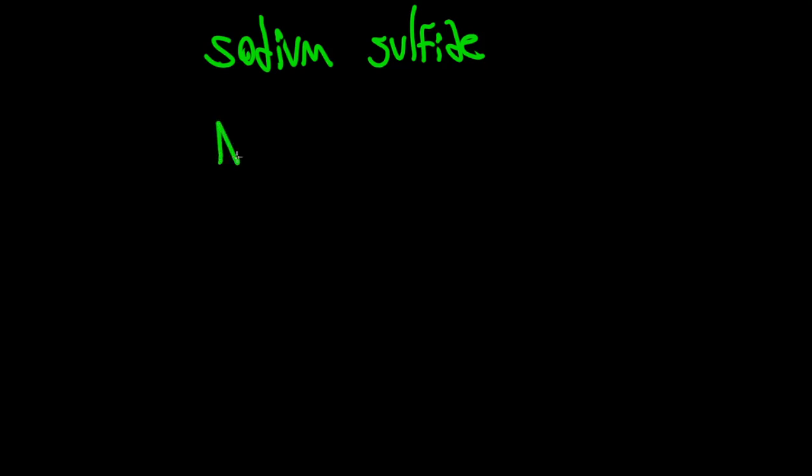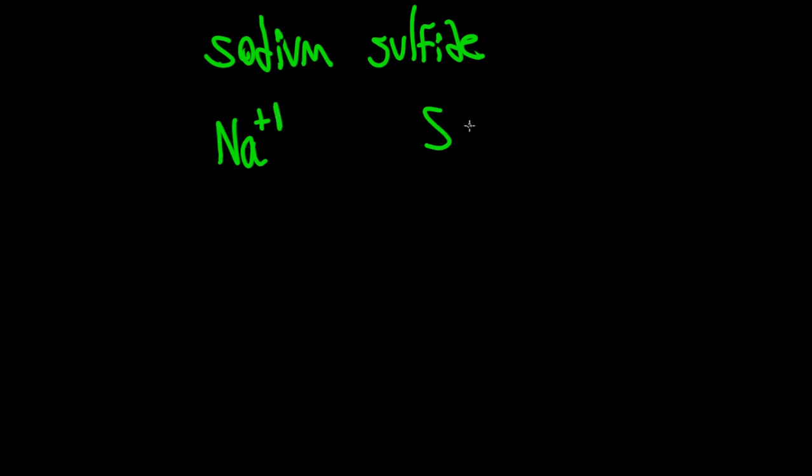So let's do sodium sulfide. So I look at my periodic table again and I see that sodium is Na in group 1 and that sulfur is my nonmetal in group 6. So my sodium, since it's in group 1, it's going to give up electrons and it's going to end up with a +1 charge.